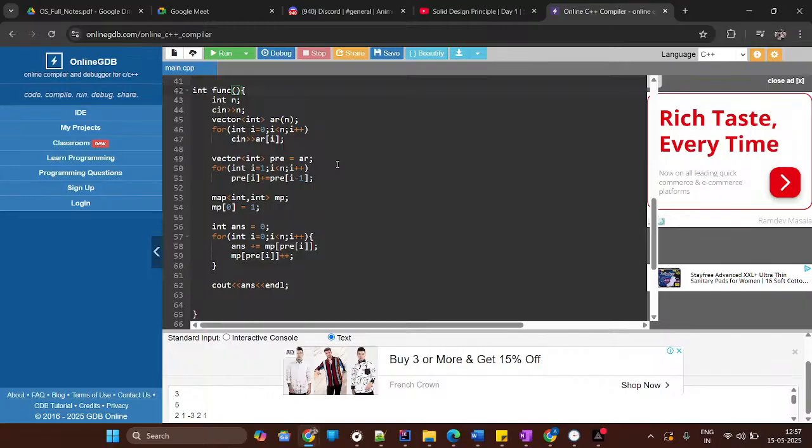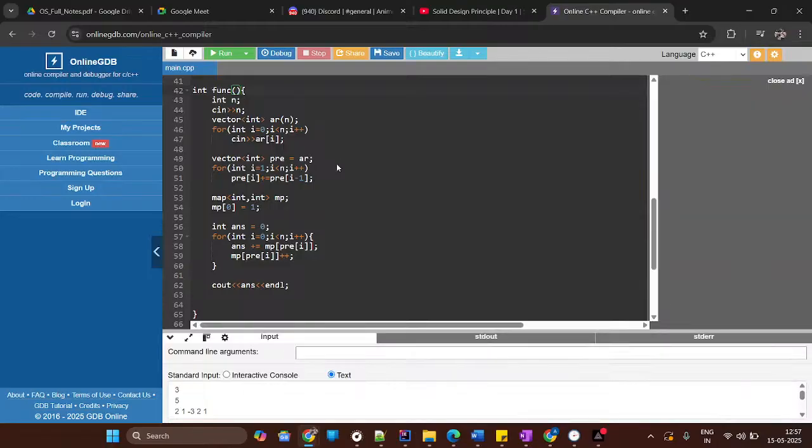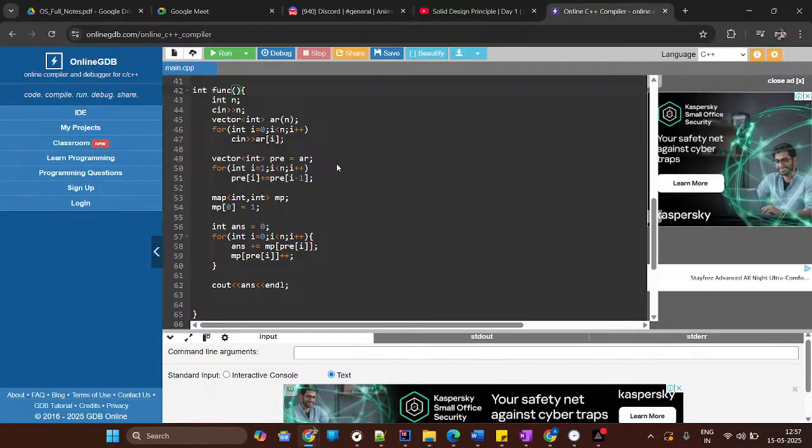And then as you know, the array, then prefix equals, this is prefix minus one works, then I have map of zero is one, that is better. And then answer is zero, i less than n, then i plus plus, and so map of prefix of i, okay, and map of prefix of i plus plus.